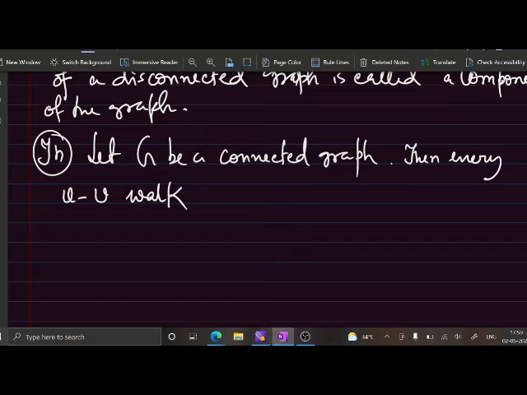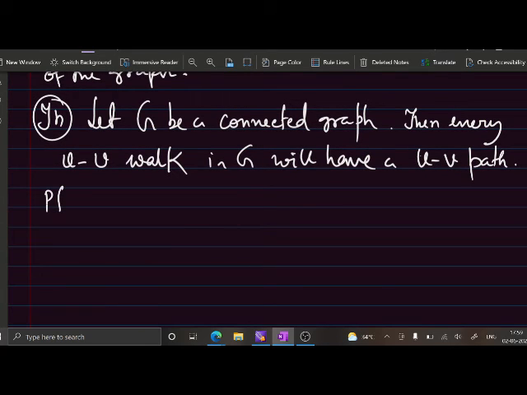So every u-v walk in G will have a u-v path. Okay, so in between these two vertices you can generate a path using that walk. That means you have to cancel out those repeated vertices. Okay, so that is your job.